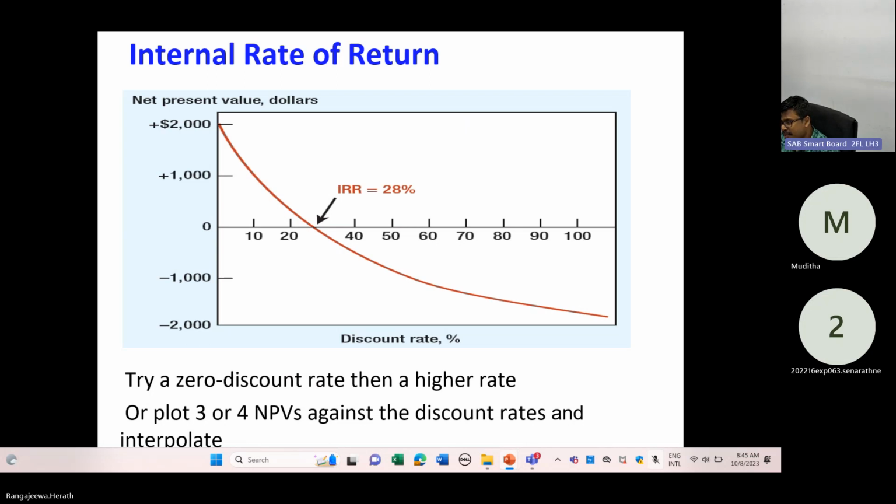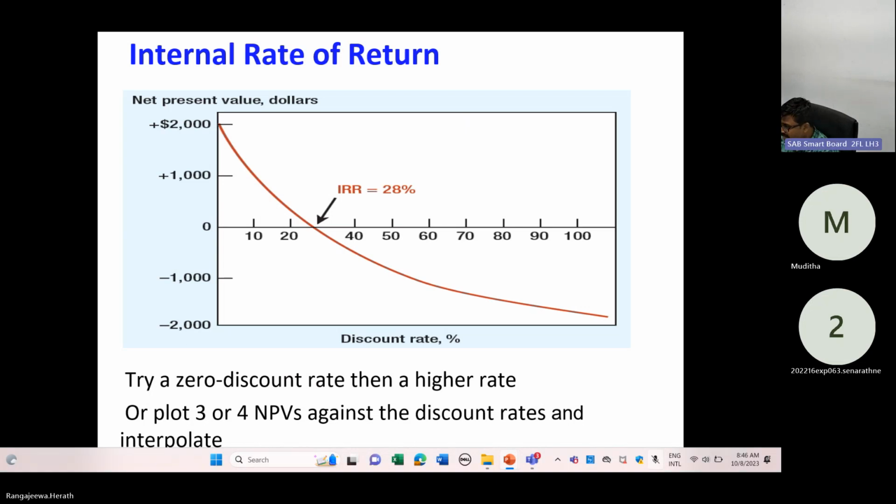When you calculate NPV using a 10% discount rate, in this example, your NPV is about 1.2 million. But when you increase the discounting factor to 20%, your NPV may be 400,000.